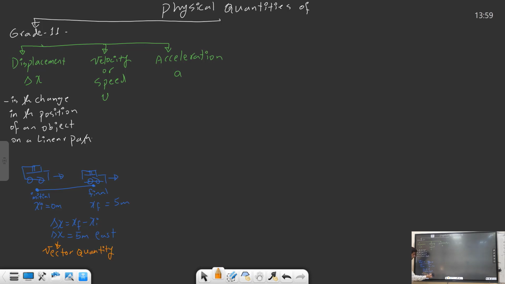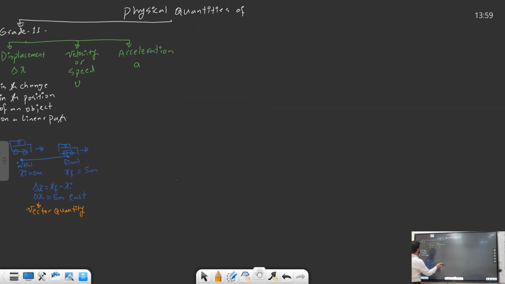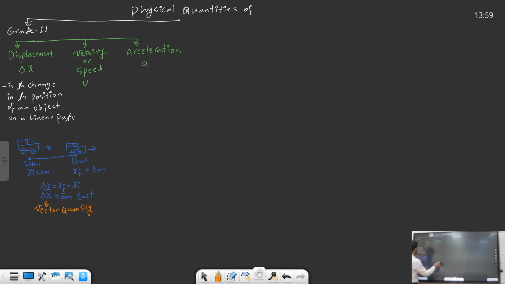What do we mean by vector quantity? When a quantity is a vector quantity, it has both magnitude and direction, okay? It has both magnitude and direction.